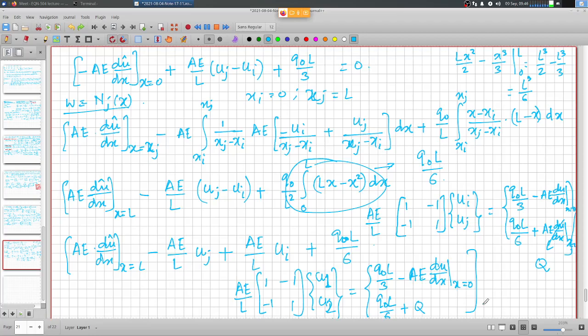U1 is to be imposed a boundary condition, that is U1 is equal to 0. That's the other boundary, the essential boundary condition. At x is equal to 0, displacement has to be 0. So U1, that is the node that corresponds to position x is equal to 0, so the constraint boundary condition U1 has to be equal to 0. So how do we impose that?